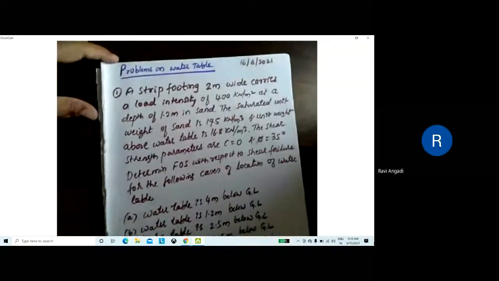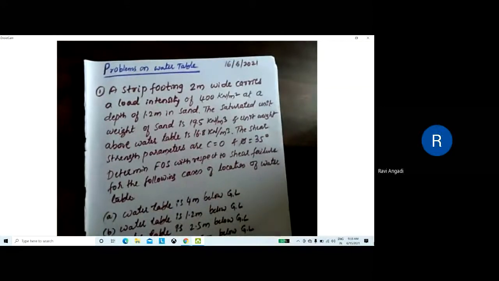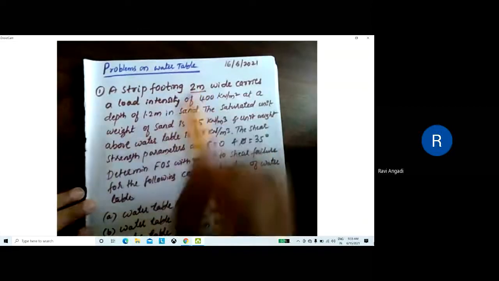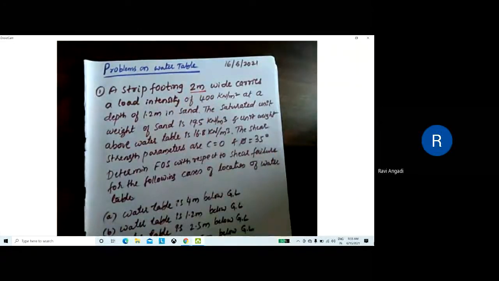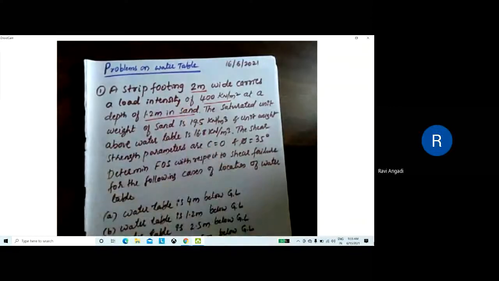Please note down this problem. A strip footing 2 meter wide carries a load intensity of 400 kilonewton per meter square at a depth of 1.2 meter in sand.